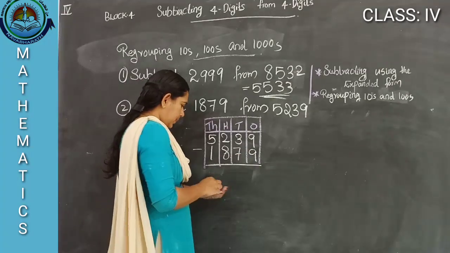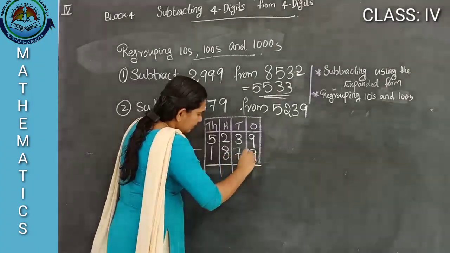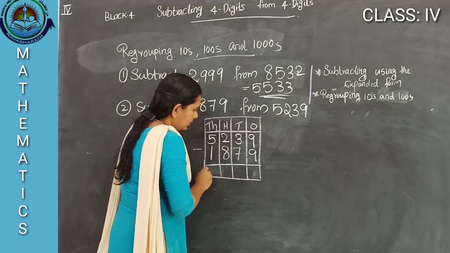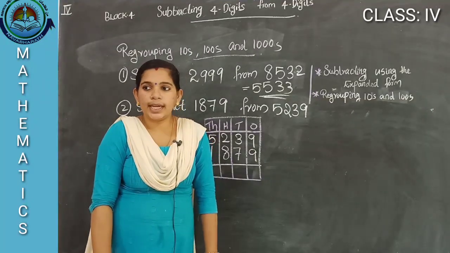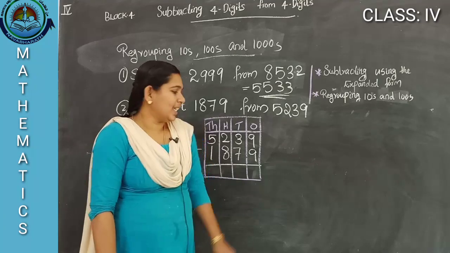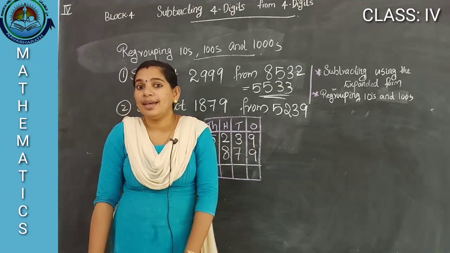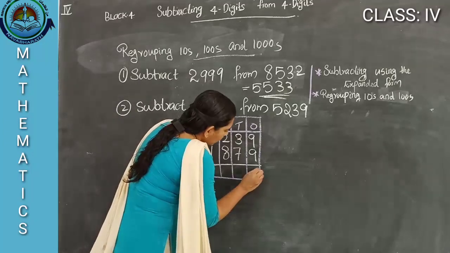Okay. Can I write the answer here? 9 minus 9? 18. Who says that? 18. 9 minus 10? Yes, 0.